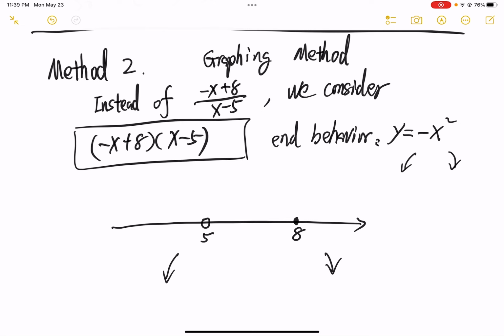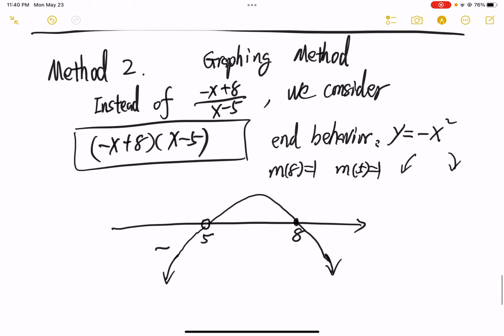And the multiplicity of 8 is 1, the multiplicity of 5 is 1. So you have cross, cross. So this part is negative, this part is positive, this part is negative.